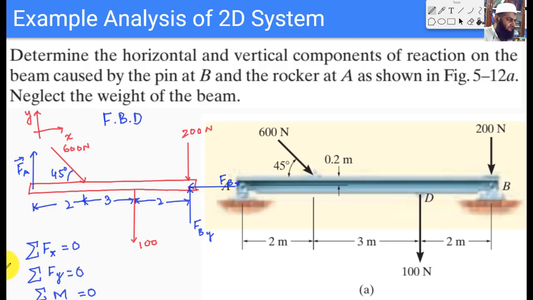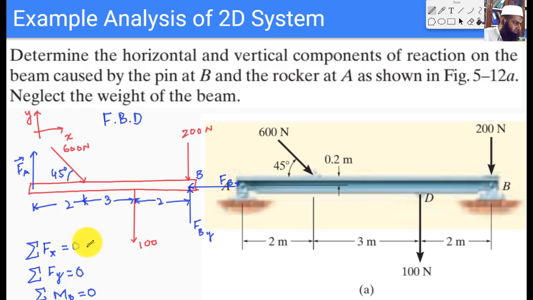As we can choose any point to find the sum of all the moments, I would choose this point B, because we have three forces which are acting at the point B. If we were to find the moments at B, all these forces would not have any moment, so finding the moment would be the easiest.